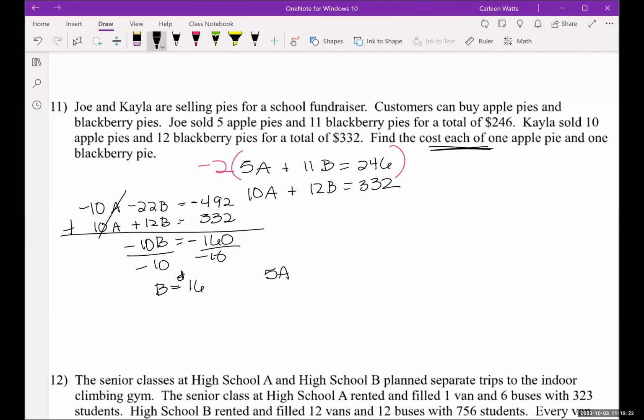5 apples plus 11 blackberries that are $16 each is $246. 11 times 16, 5 apple plus 176 is $246.